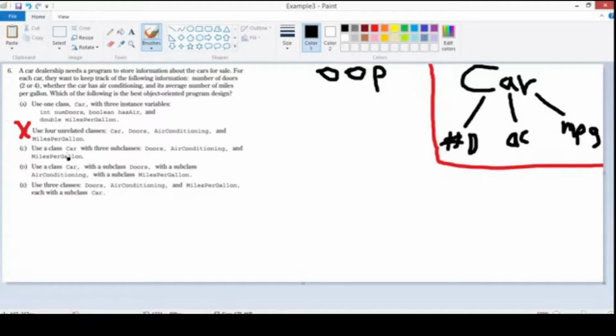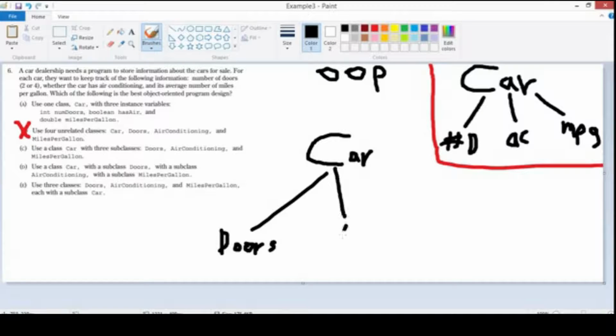Okay, next we use a class car. That's a little better. And it has 3 child classes: doors, air conditioning, and miles per gallon. So that looks a little better. In fact, it looks almost exactly the same as that one. The difference, however, is that in this case, a subclass does not mean it's part of.